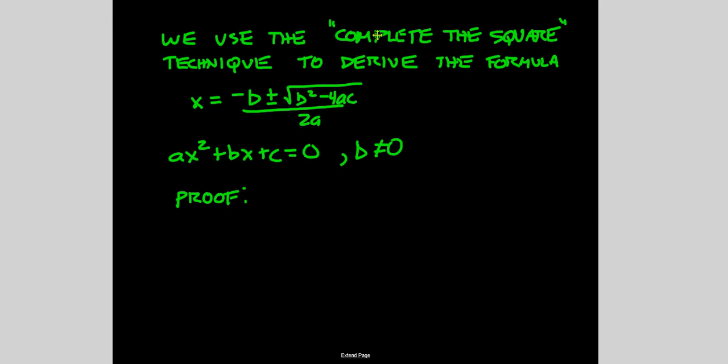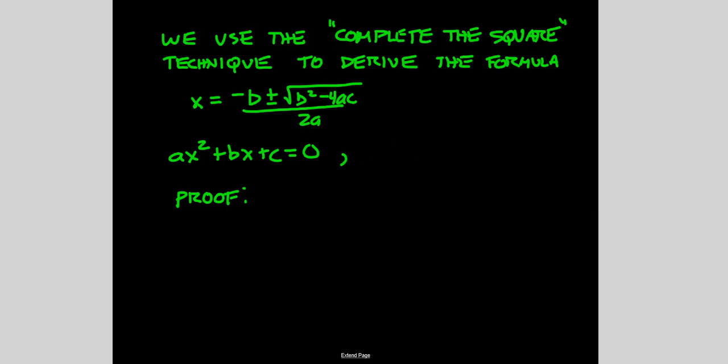So we use the complete the square technique to derive the formula. Actually, as I just mentioned, the completing the square method can solve any quadratic equation, but we're coming up with a general formula here. So a is the coefficient of x squared, b is the coefficient of x, c is a constant. Actually it should be a not 0 here, not b.